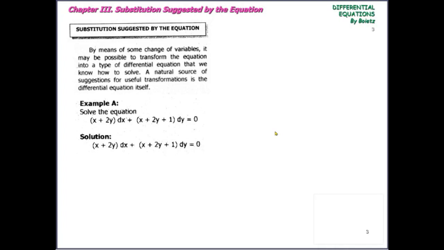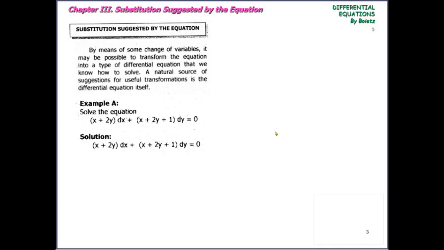But sometimes sa problem pa lang mismo, siya na mismo yung magbibigay ng suggestion by simply looking at the problem or by inspection. We can say that some substitution is applicable to make your differential equation simpler or to make this I think direct integrable or variable separable.